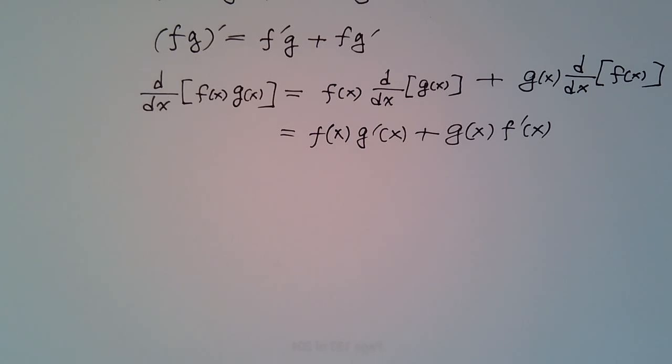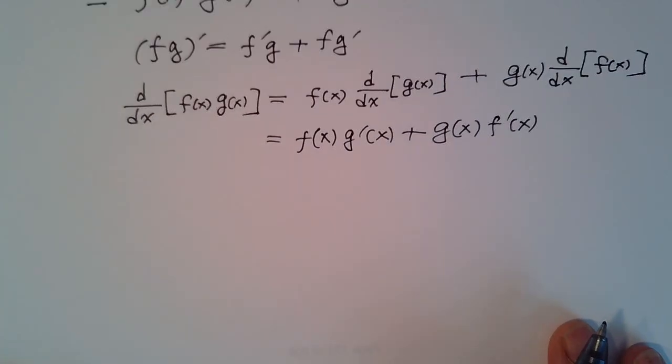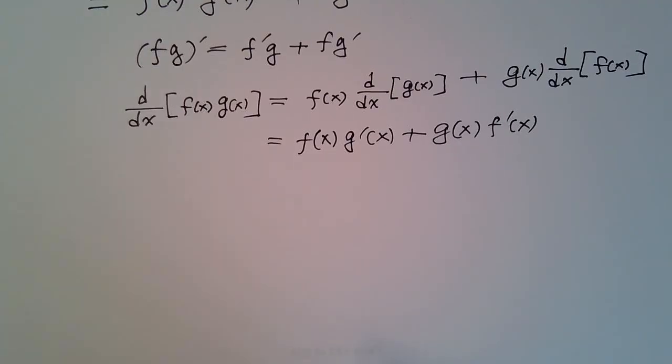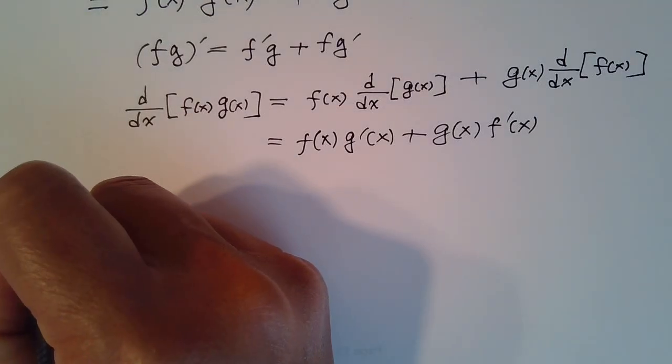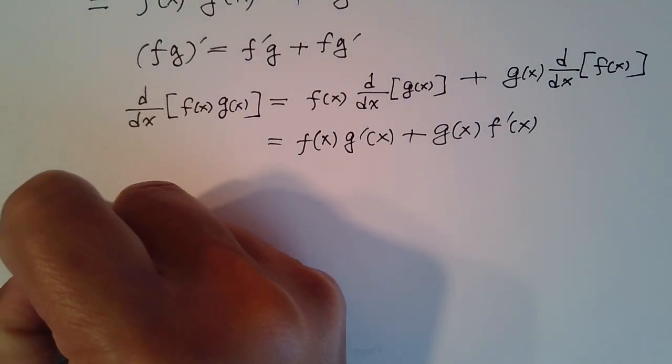Hold on one sec, I need to turn off something. Okay, all right, so let's see how we use that. I want to give you one example here. Let's say this is h of x.